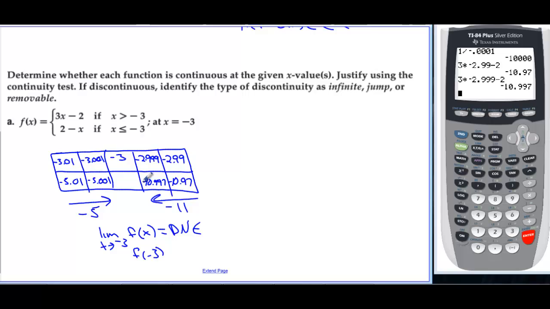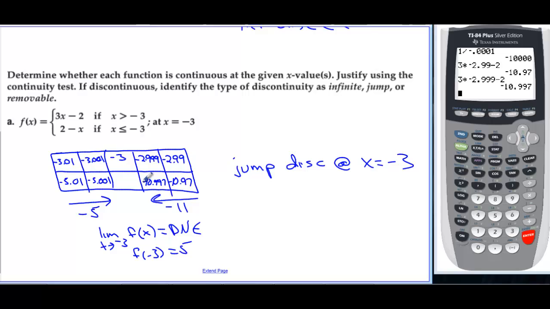f of negative 3 is equal to 2 minus negative 3, which is 5. So the solid dot happens to be on the left branch. So we have a jump discontinuity at x equals negative 3. The right and left-hand limits are not going to the same thing.